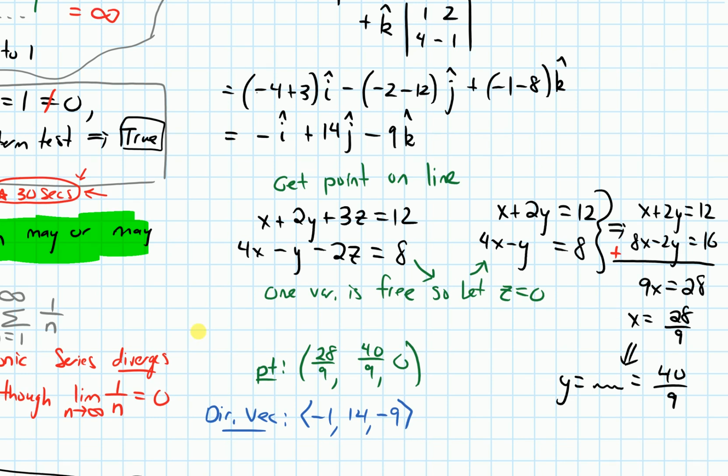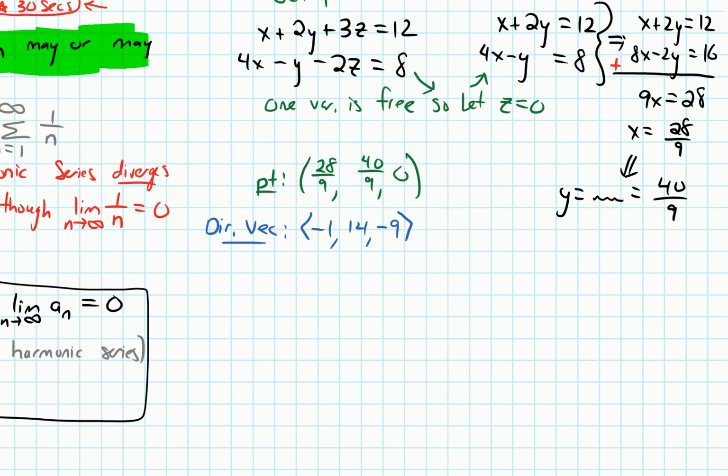All right, so once I have my point and my direction vector, we are ready to write down our parameterization. I'll just write PARAM for parameterization to abbreviate. So x of t is going to be the x coordinate of the point, 28 over 9, and then I take the coefficient of the direction vector, negative 1, and multiply it by t. So we get 28 over 9 minus t.